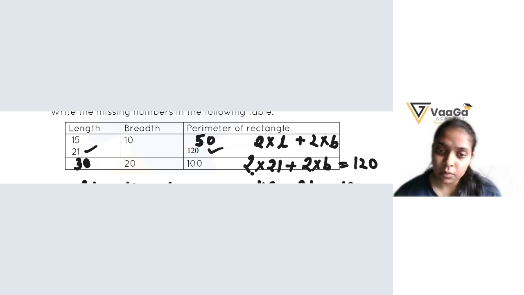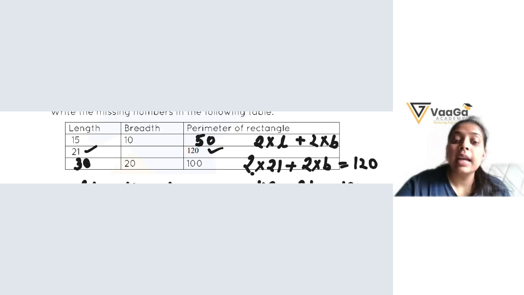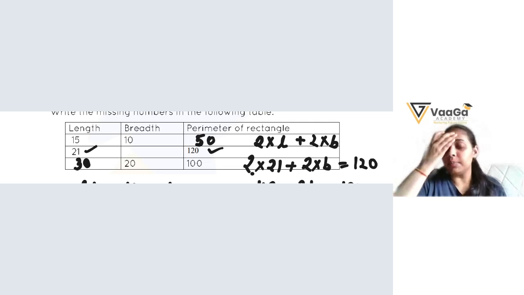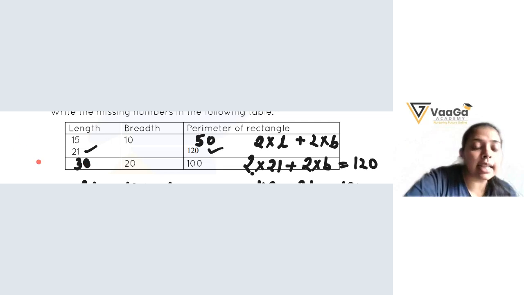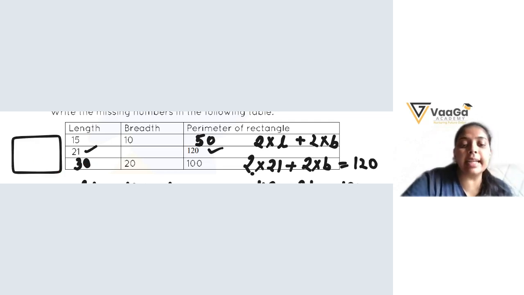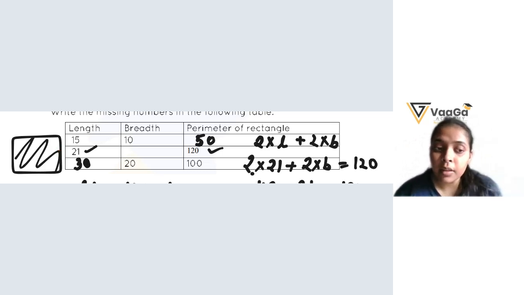Vallabh, beta, area is nothing but the space inside the shape. What is area? Space inside the shape. Right. Area is space inside this shape.